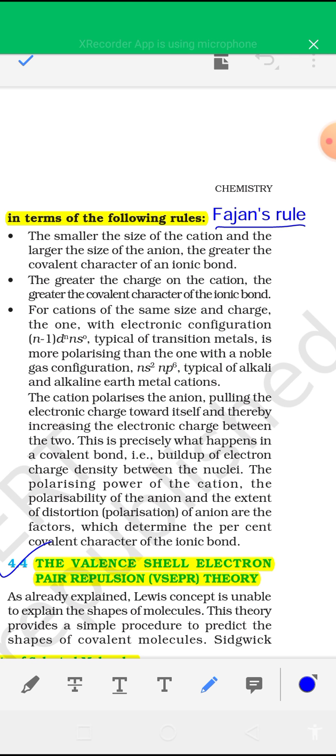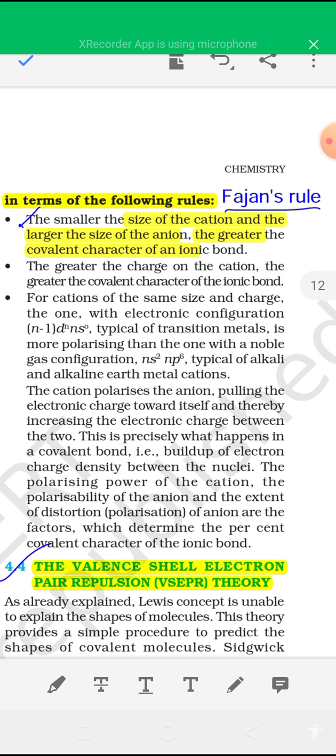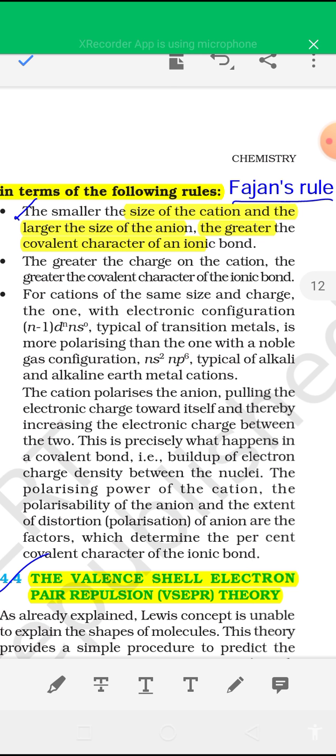So first point, according to Fajans rule, the smaller the size of the cation and the larger the size of the anion, the greater will be the covalent character of the ionic bond. Using the dipole moment concept, you can calculate the ionic character in a covalent bond, but using Fajans rule, you can tell the covalent character in an ionic bond.